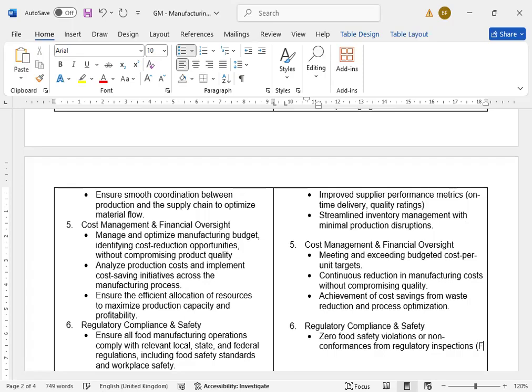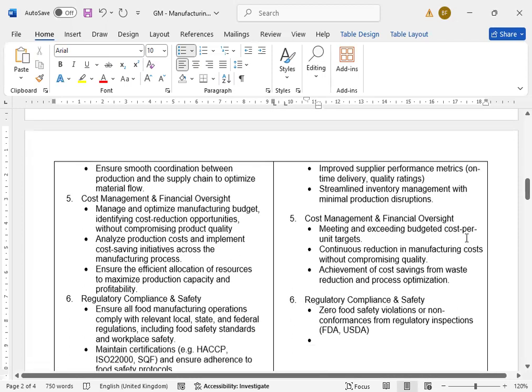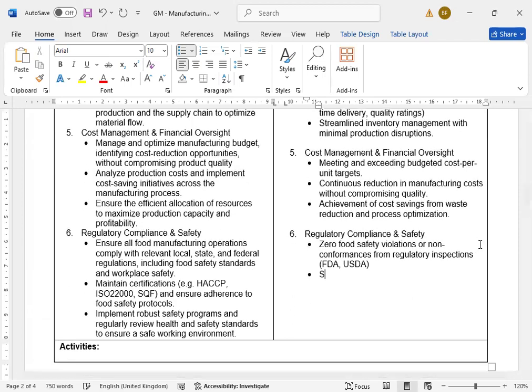This is FDA or maybe even USDA. Okay. Then successful maintenance of food safety certifications.